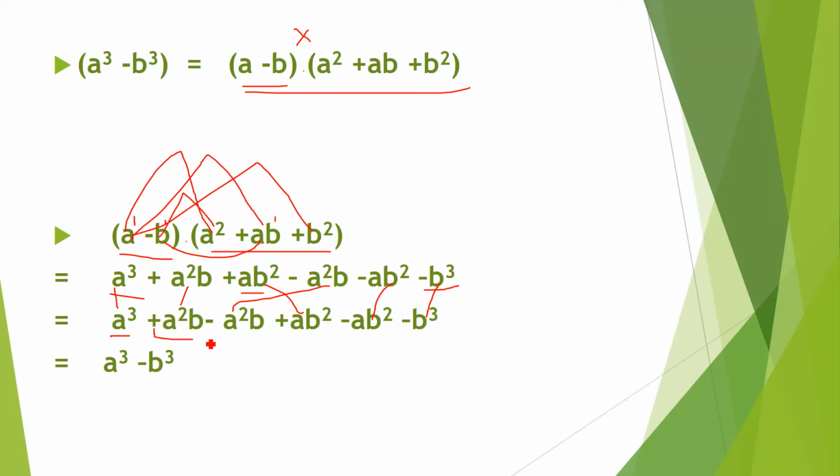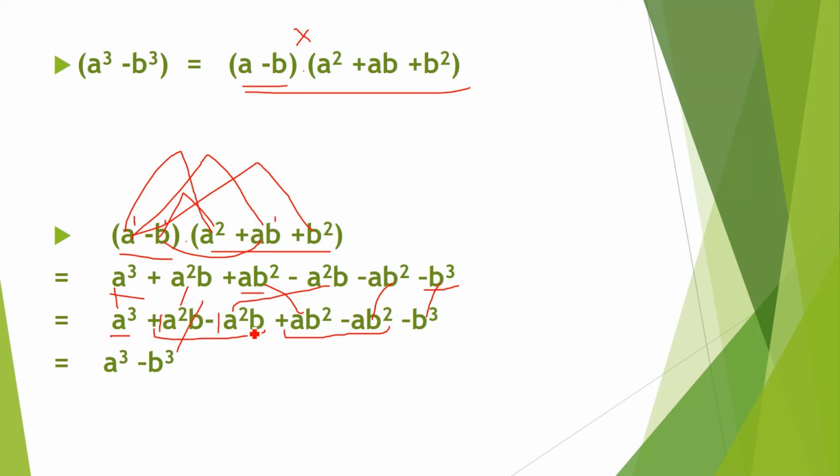Now we will do addition and subtraction. This is one set and this is one set. So see, these are exactly the same. A square b with positive sign. This is a square b with the negative sign. And they both do not have any coefficient. It means each has one coefficient, right? Exactly the same.